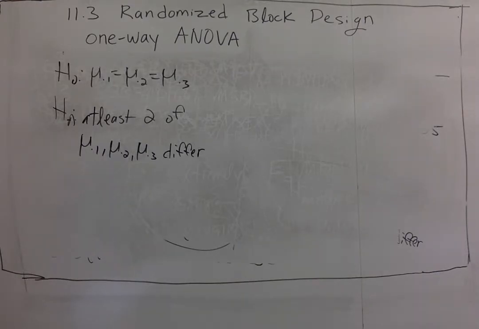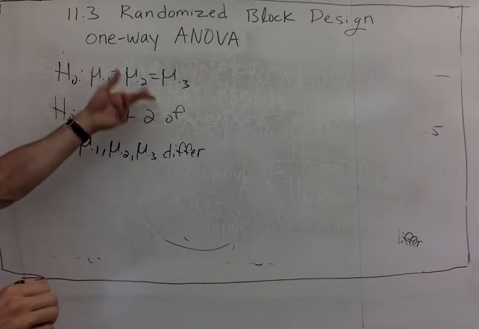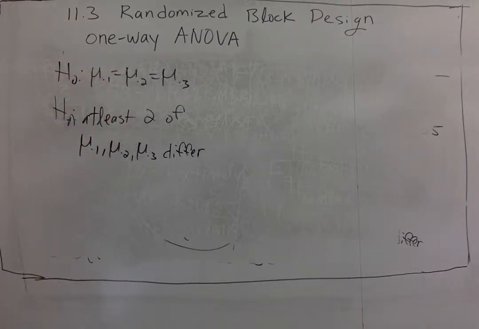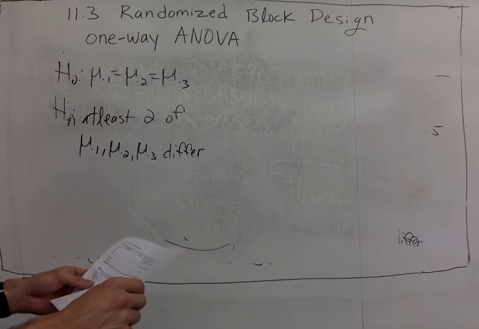So do the different supervisors differ in their ability to produce boxes with defects? That's what we're testing here. You would be looking at the columns because that's how our blocks are entered. I talked about that a few minutes ago.